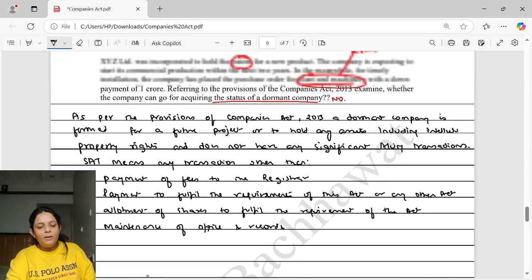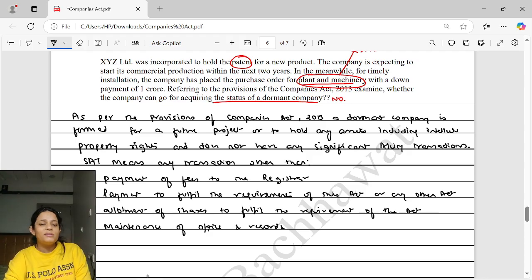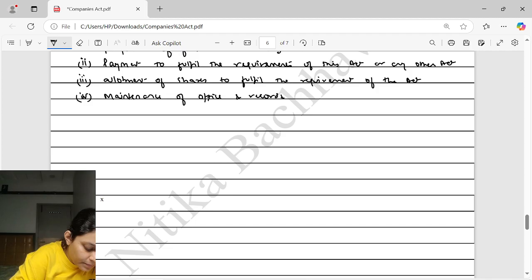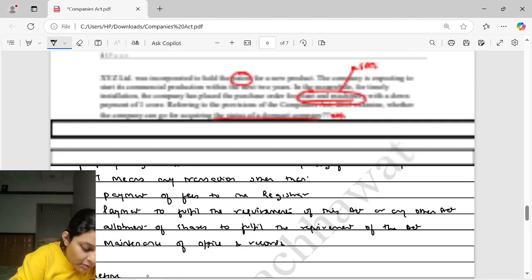So if I see here, purchase of plant and machinery does not fall under any of the four heads. So it is a significant accounting transaction. Therefore, what is the name of the company?